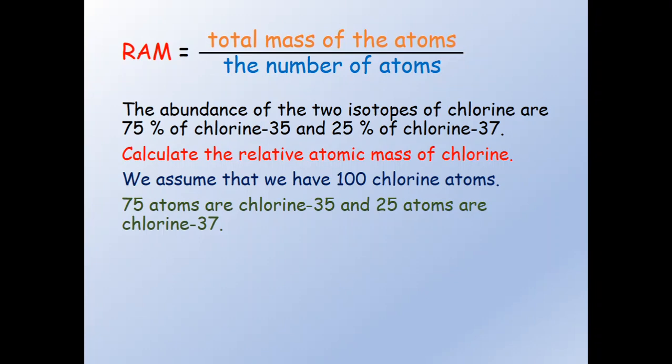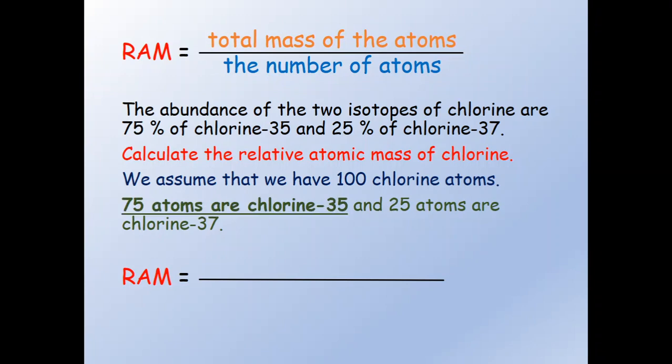Now we're going to use those numbers to plug them into our equation. So RAM equals, we have 75 atoms of chlorine-35, so we have to plug those in for our mass, so we get 75 times 35.